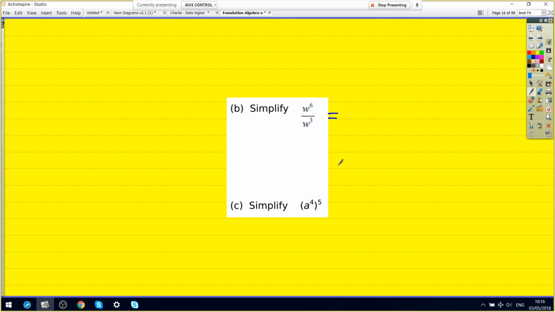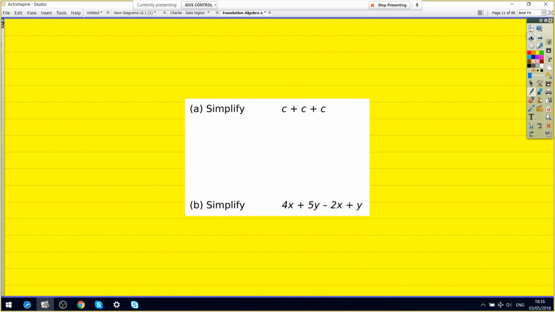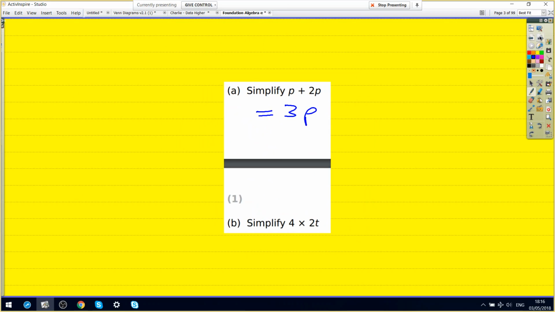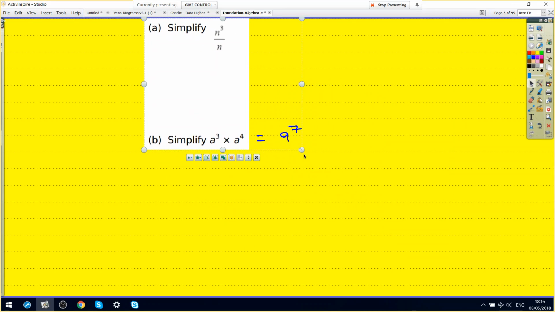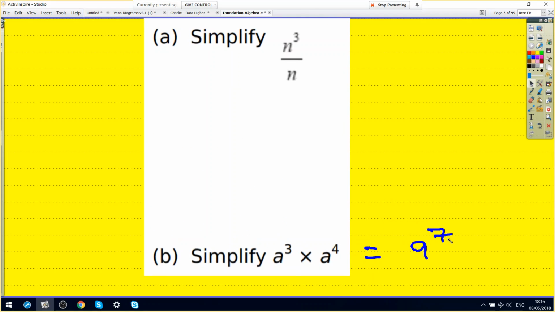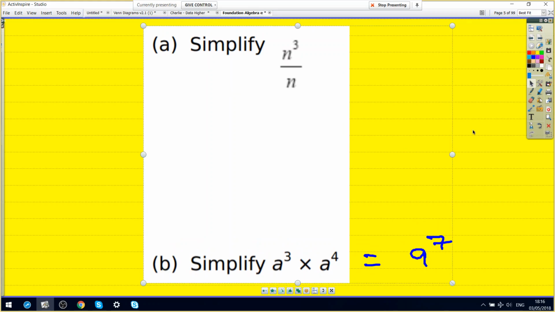This one? Would that be w3? Yes, got it. So now let's go back. How about this one? Part A. Would that just be n4 or n3?